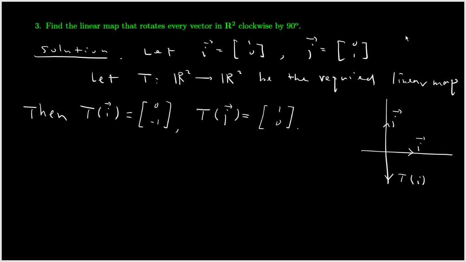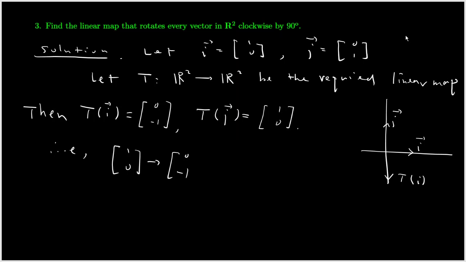Okay, so we found the outputs for the input of i and j. Now using the notations we have just seen, it means the vector (1, 0) goes to (0, -1). I'm trying to connect what we have found, what we observed, to the notation in the conclusion.